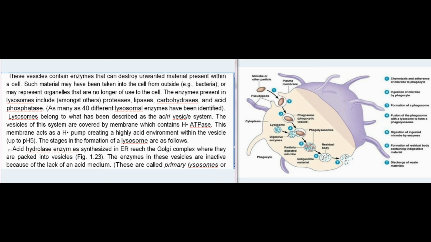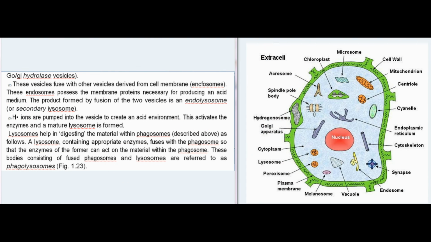The stages in the formation of a lysosome are as follows. 1. Acid hydrolase enzymes synthesized in the ER reach the Golgi complex where they are packed into vesicles, Fig 1.23. The enzymes in these vesicles are inactive because of the lack of an acid medium. These are called primary lysosomes or Golgi hydrolase vesicles. 2.